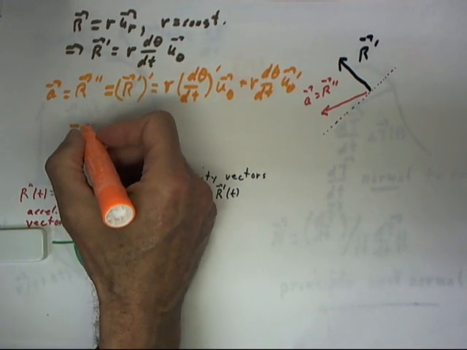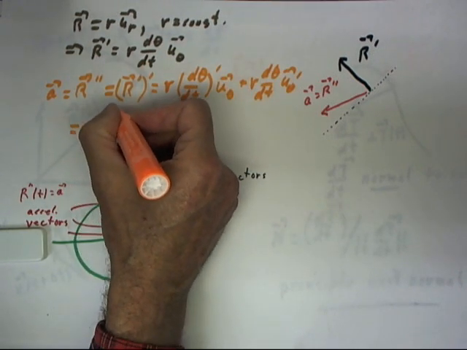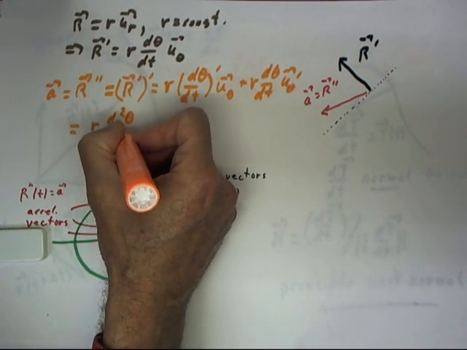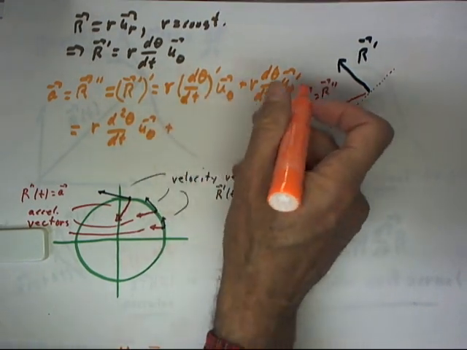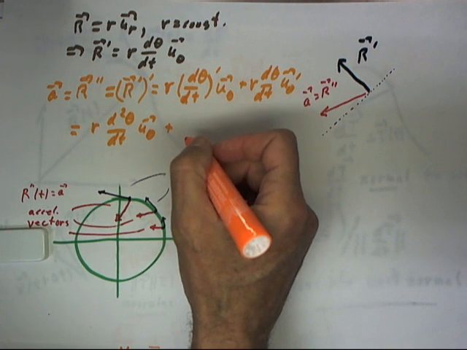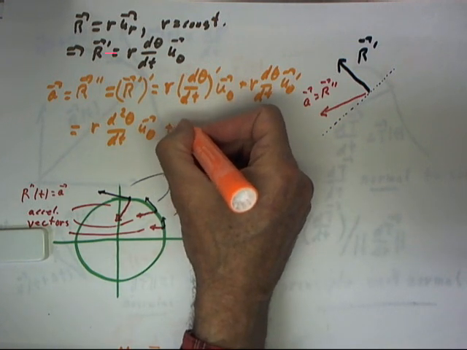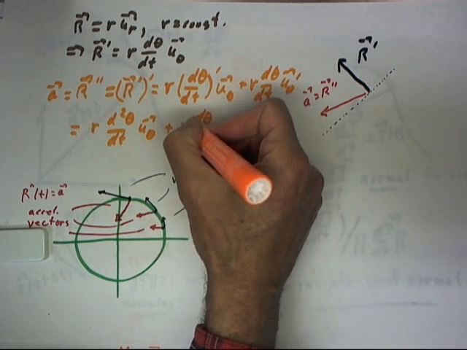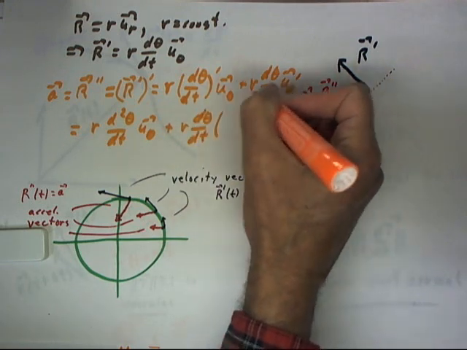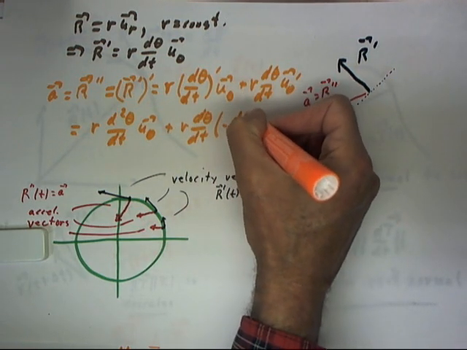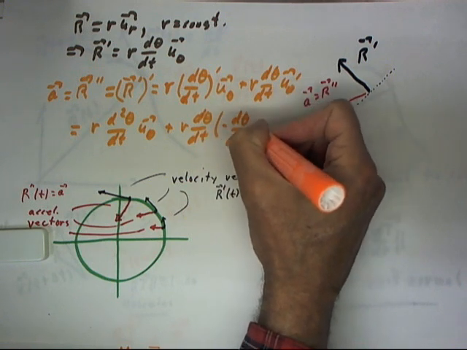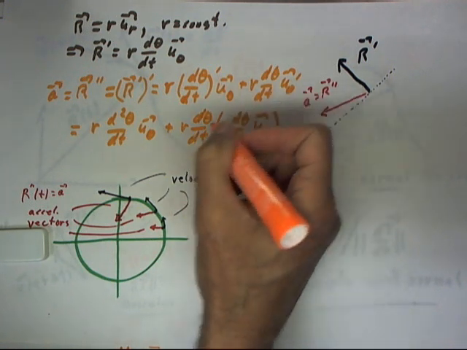The derivative of theta prime with respect to t is just the second derivative of theta with respect to t. And the derivative of u theta with respect to t is, well, it's r d theta dt here times the derivative of u theta, which is negative d theta dt times u sub r.